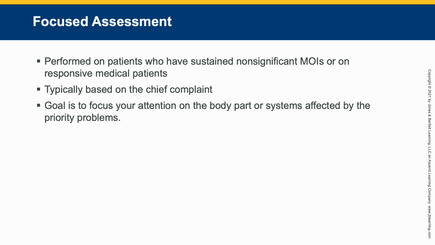For example, if a patient has shortness of breath, your focused exam might include listening to breath sounds, evaluating respiratory effort, and checking the SpO2. Now, if they have chest pain, you'd focus more on the cardiovascular system, right? So the key is to tailor your assessment to the presenting problem. This is going to save time and it avoids unnecessary exposure or discomfort, okay?